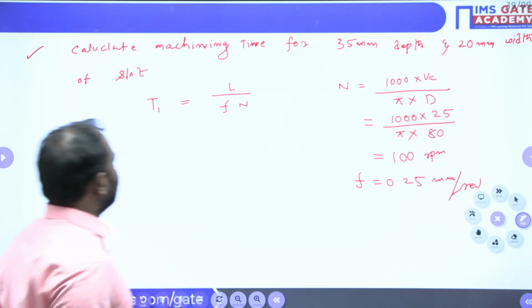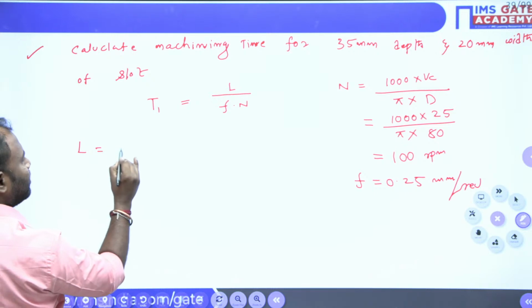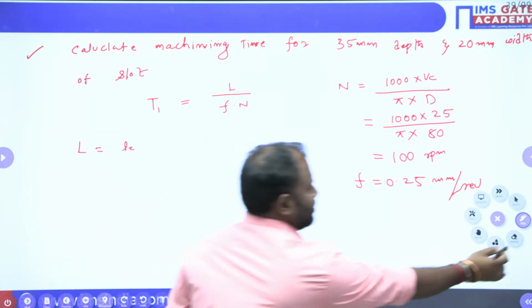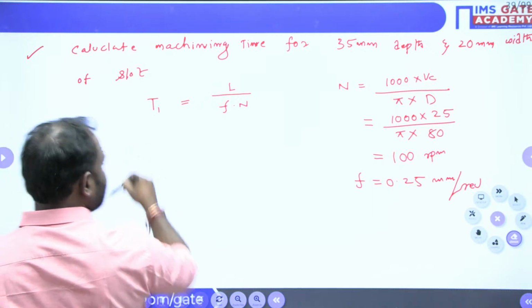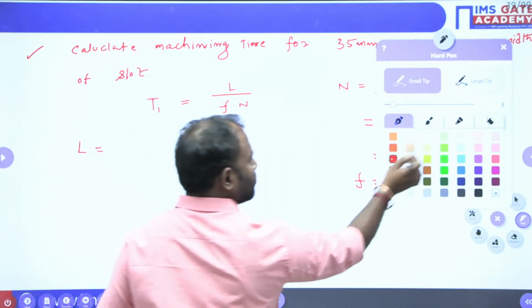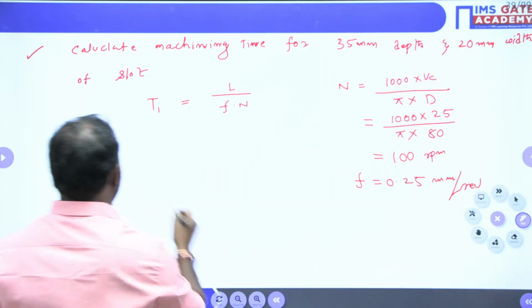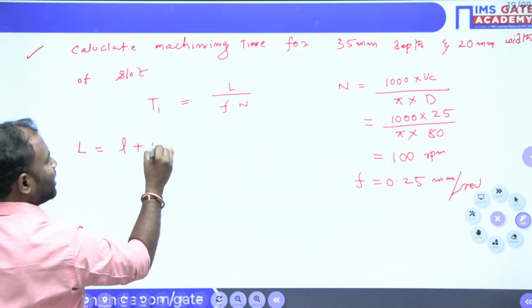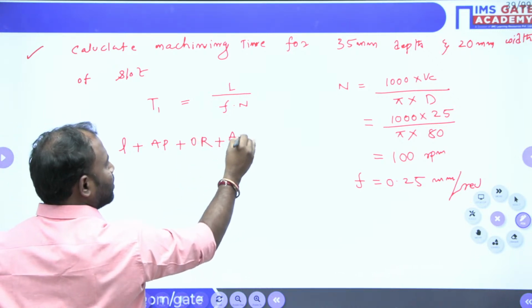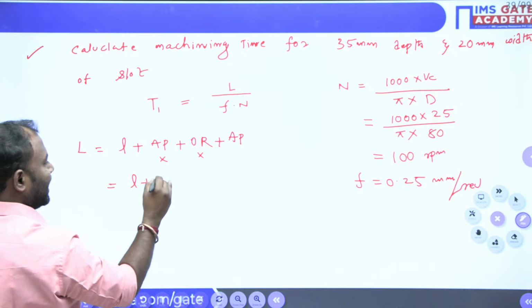Right. Now let us decide L. L is the length of the job. Now length of the job plus approach plus OR plus approach 1. Approach and OR are not given, so that is why L plus AP1.